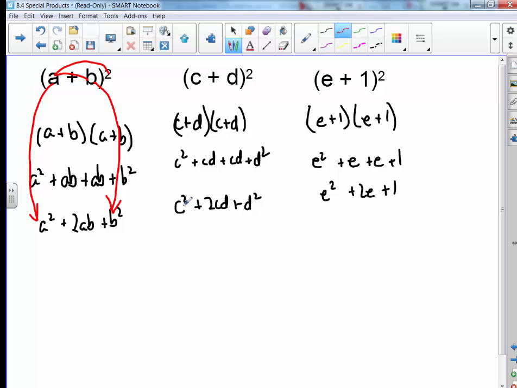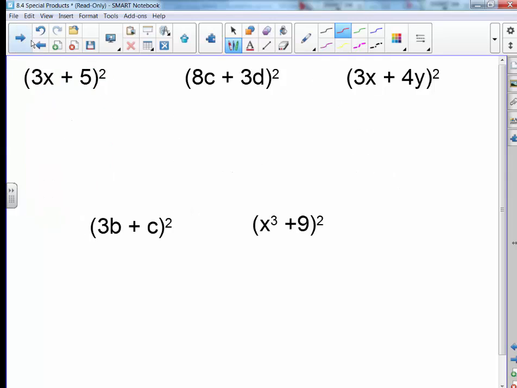See? Now over here on the last one, we've got e squared, and let's just go ahead and do the second term. 2 times e times 1. That's 2 times e is 2e, times 1 is 2e, and 1 squared. Let's try a few of them over here and see how we do.